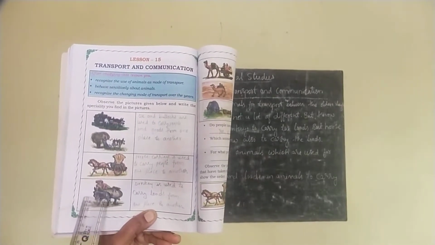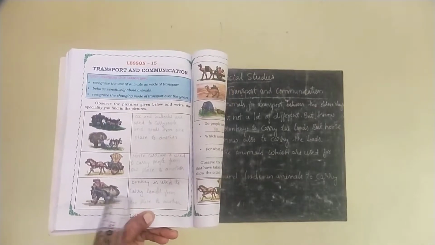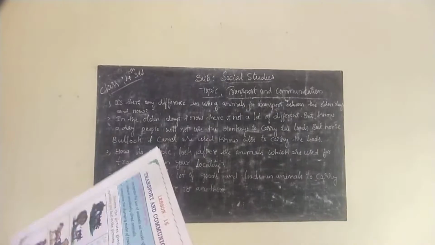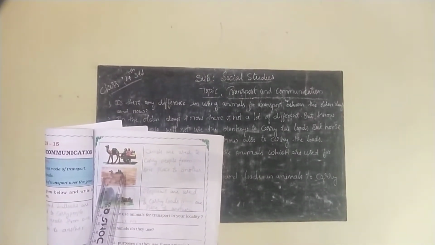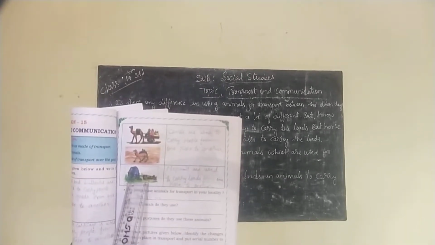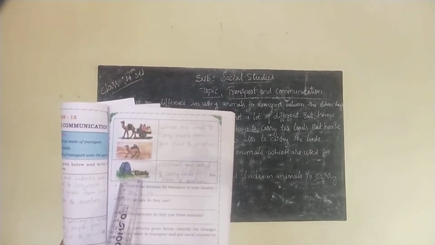Here, donkey. Donkey is used to carry loads from one place to another. Here, camel. Camels are used to carry people from one place to another place. Here, elephant. Elephants are used to carry loads from one place to another place.